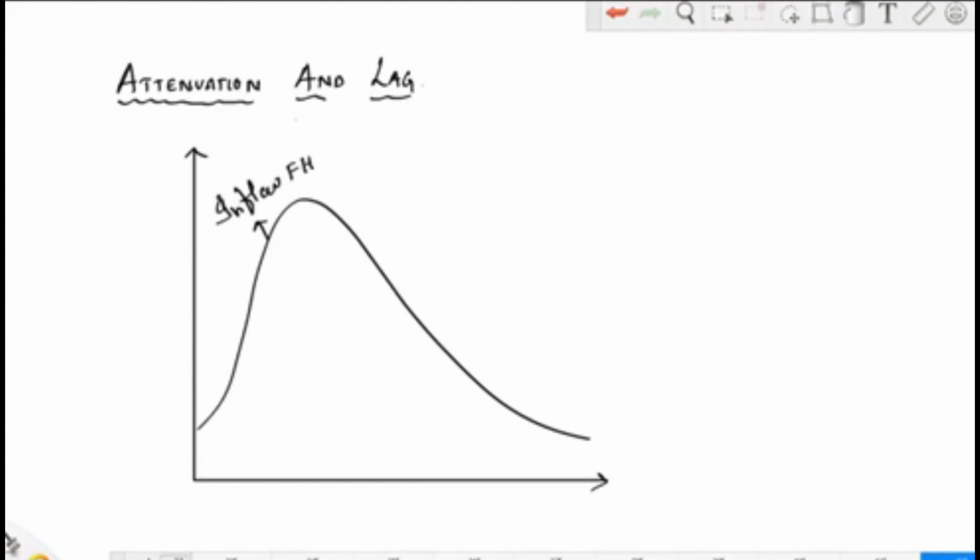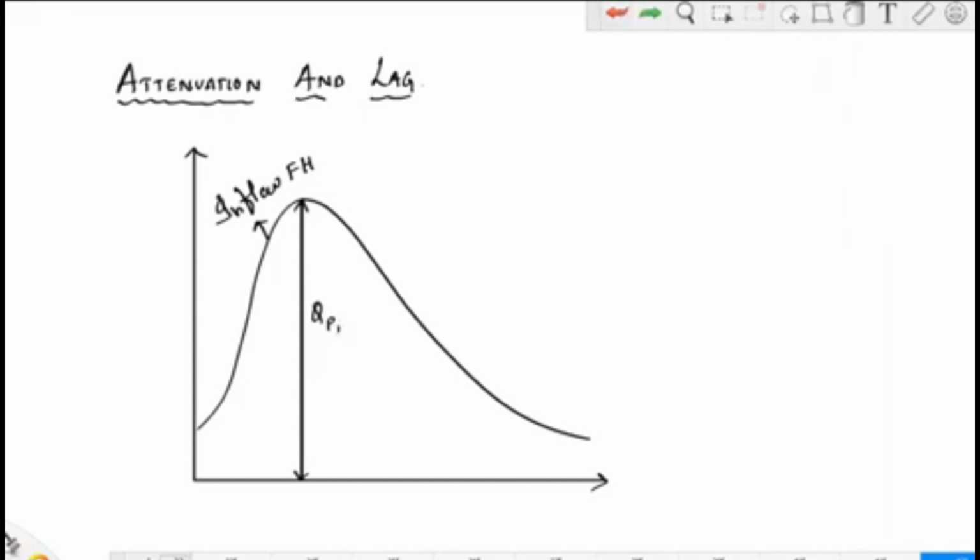This is peak of inflow flood hydrograph, QP1 I will call.